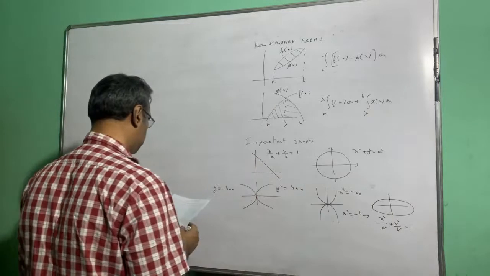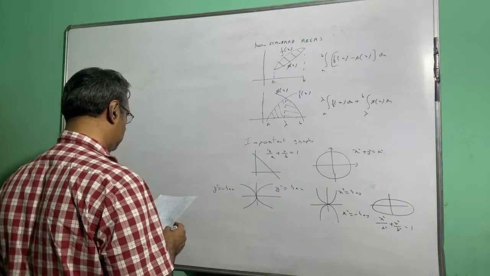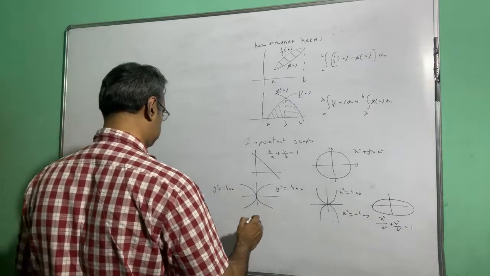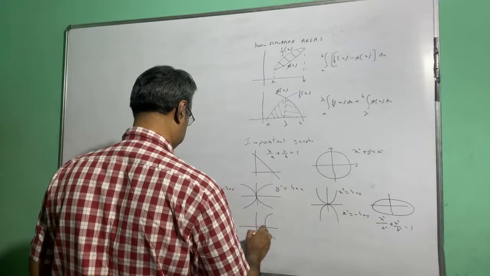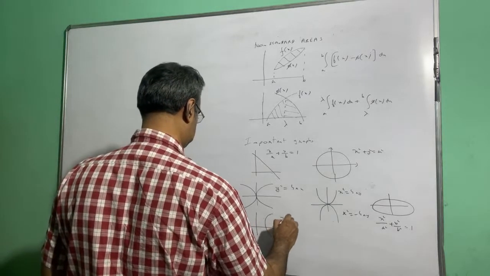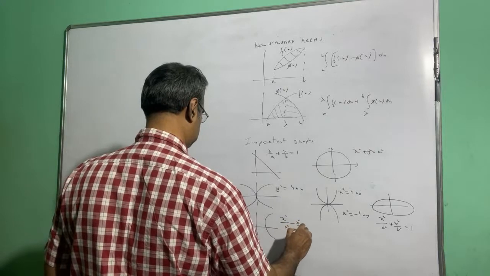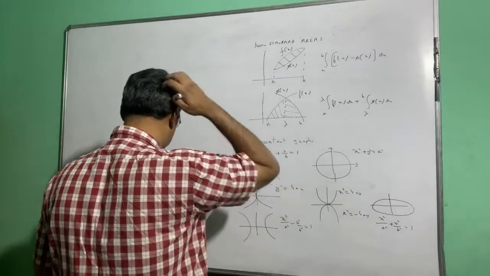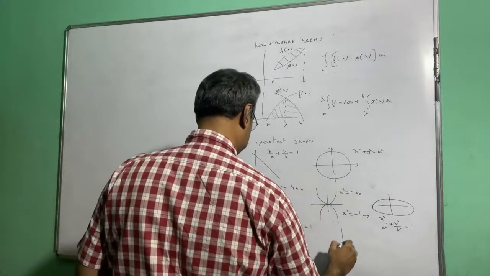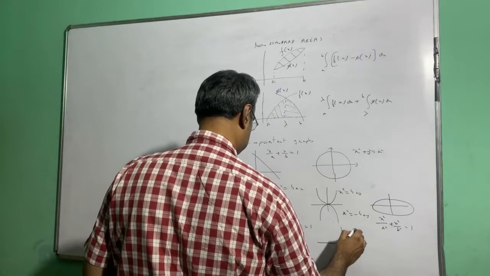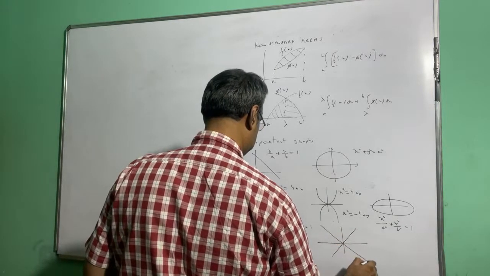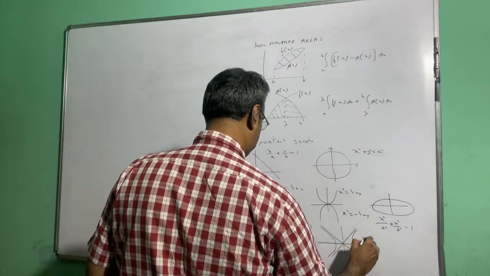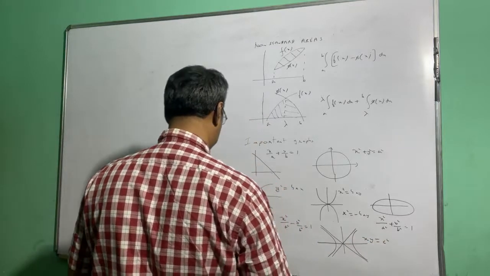Then the ellipse x square by a square plus y square by b square equal to 1. Then the hyperbola x square by a square minus y square by b square equal to 1. Then the rectangular hyperbola xy equal to c square.